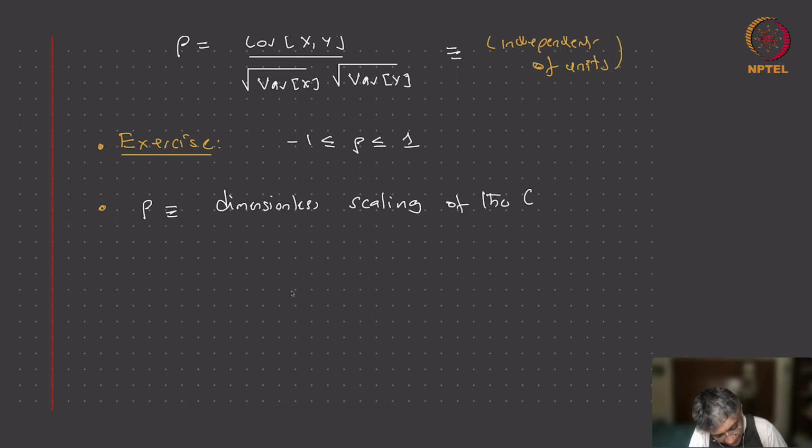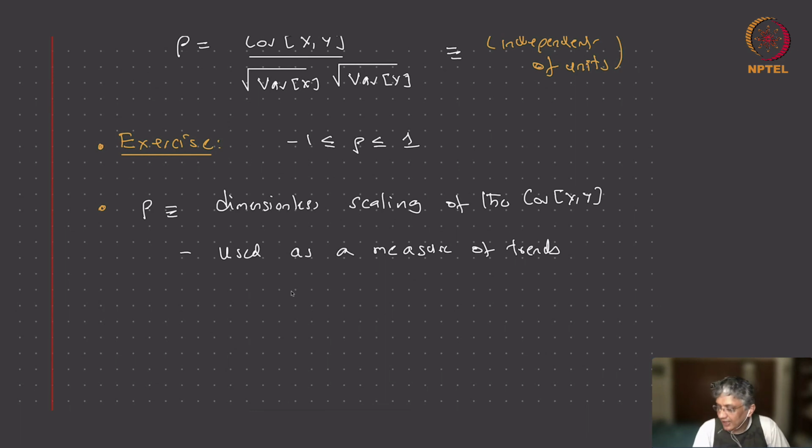I'm scaling the covariance by two quantities, the standard deviation of x and the standard deviation of y. It's frequently used as an absolute measure of trends between x and y.